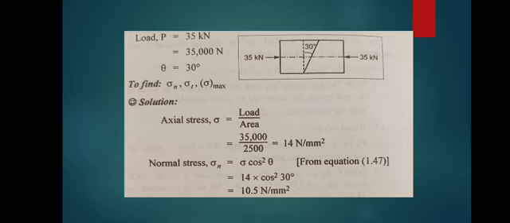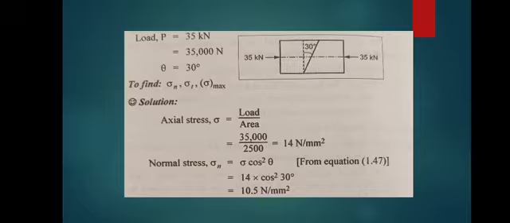You have to apply the formula for normal stress as sigma n is equal to sigma cos square theta. For that formula, we need the value of sigma. Here the sigma value is not given. Instead of that, they give the load value and area of cross section value.